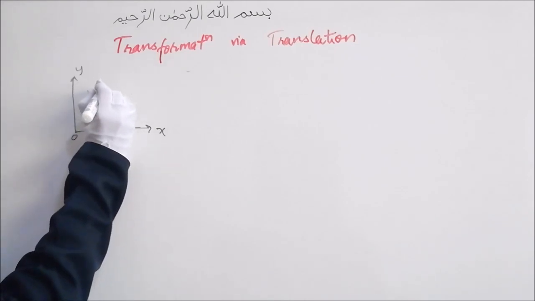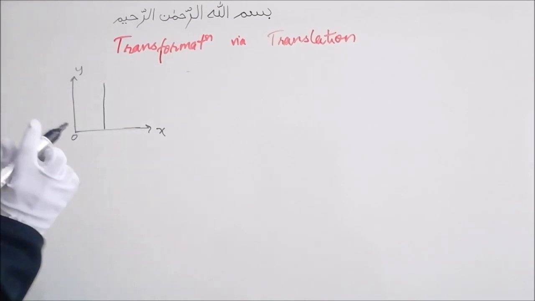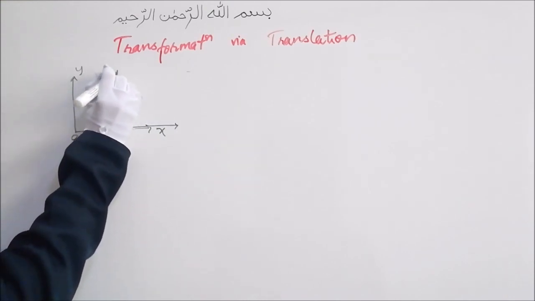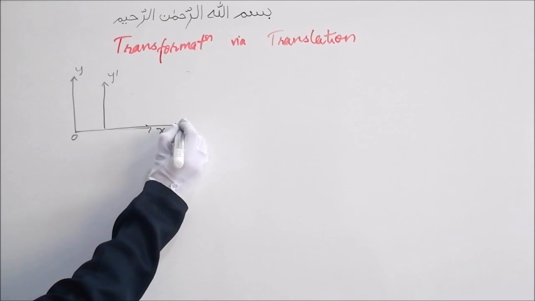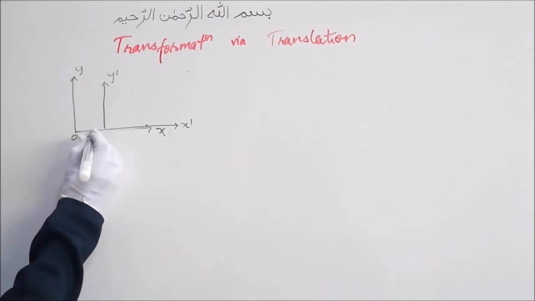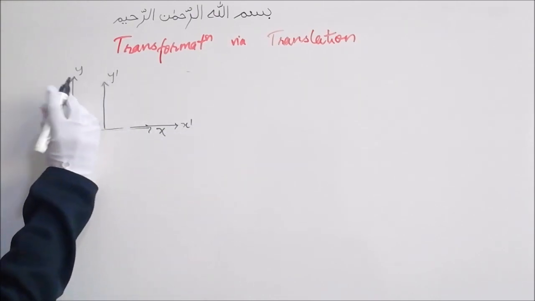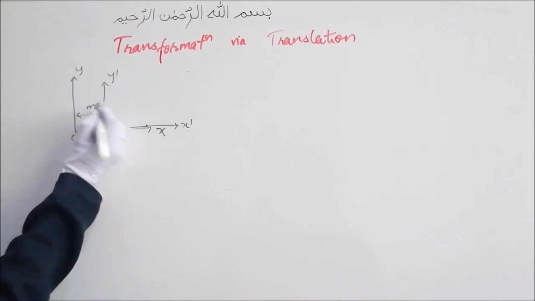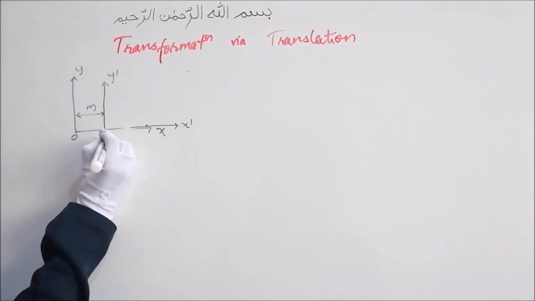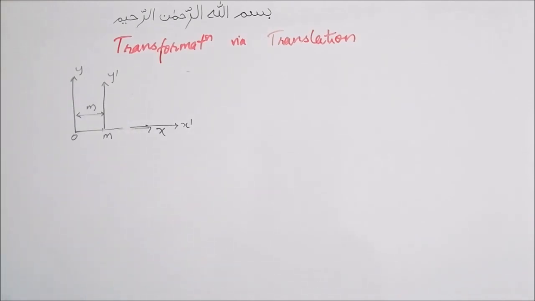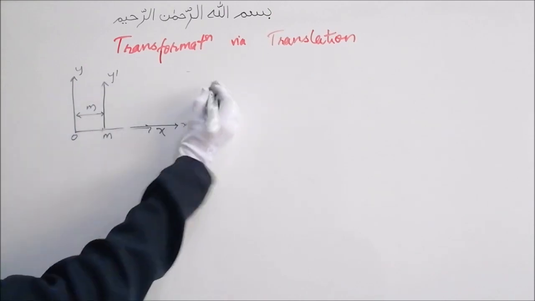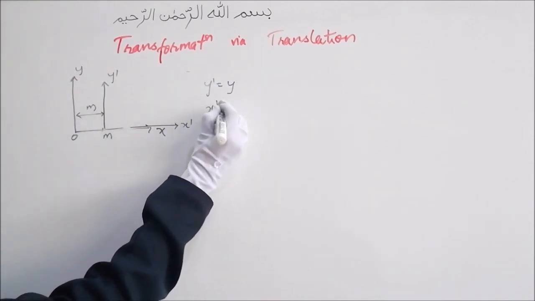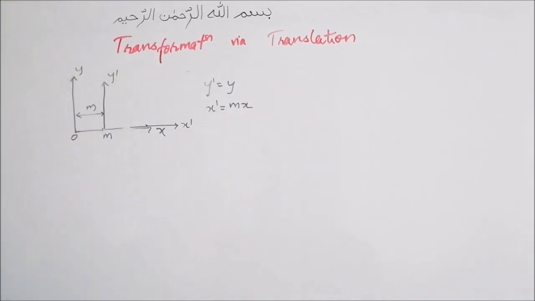Now if this translation has taken place along the x axis, that means we'll have x dash the same as x axis, but this y dash has shifted from y by some factor m, or by some distance m. So y dash values will be equal to the y values, but the x dash values will be m times the x values.